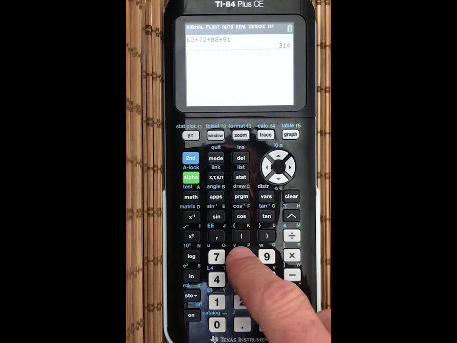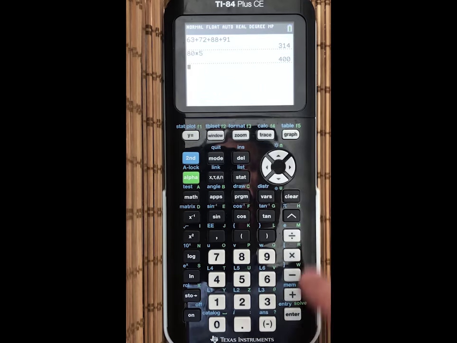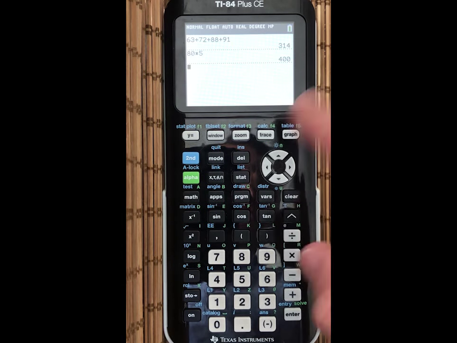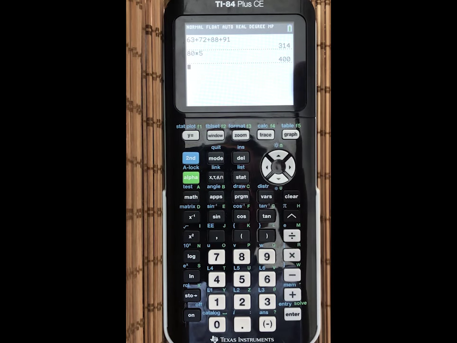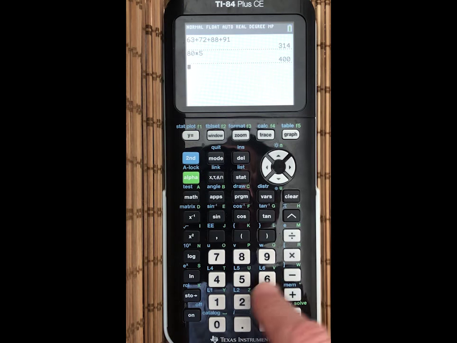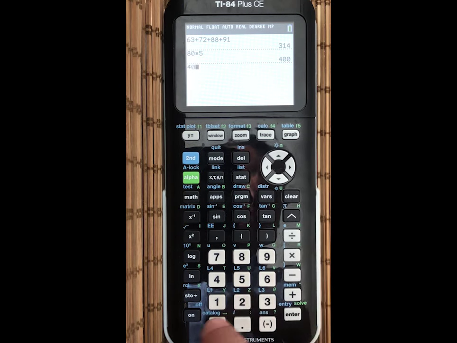So we had to multiply 80 times 5, giving us 400. So that gave us the expression 314 plus x is equal to 400. So solving for x, we would subtract 314 from both sides, leading to the computation 400 minus 314, which is 86. x is equal to 86. That is the grade we were looking for.